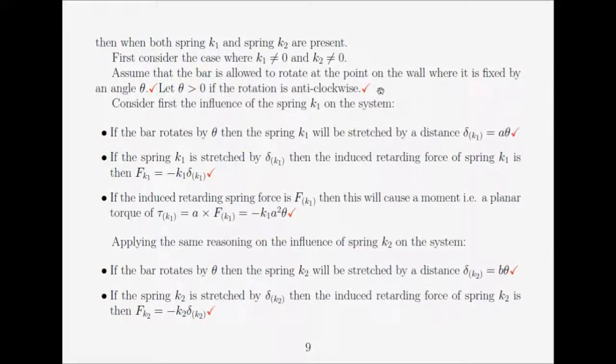So let's consider the influence of the spring K1 on the system. If the bar is rotating by an angle theta, then using our previous trick where angle is arc length over distance, the arc length is the radius times the angle.